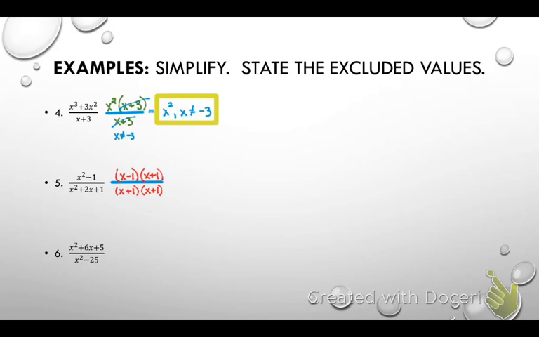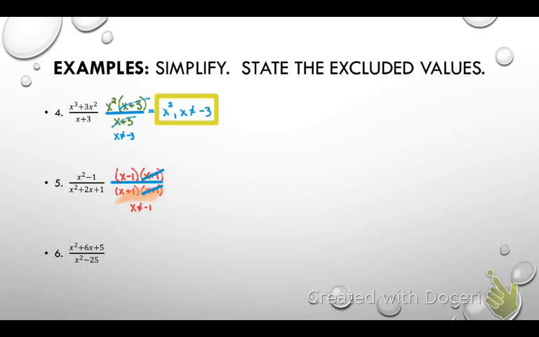Now, what are my restrictions? What can x not be? Negative 1. Can it be a positive 1? Is that a restriction? Once everything's factored, we're just going to start canceling. I have an x plus 1 and I have an x plus 1.